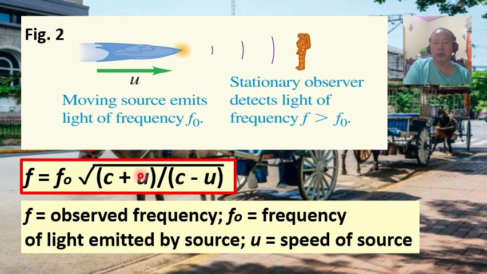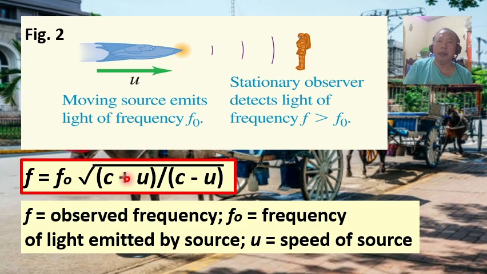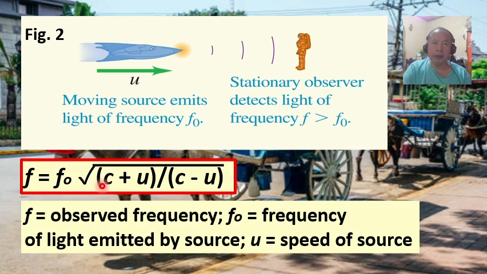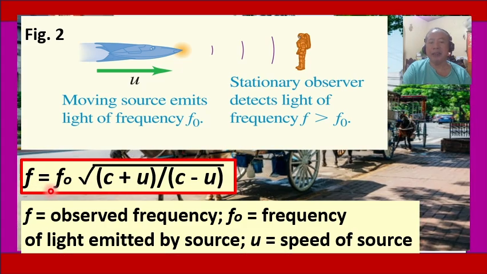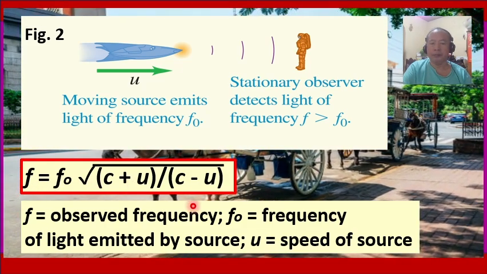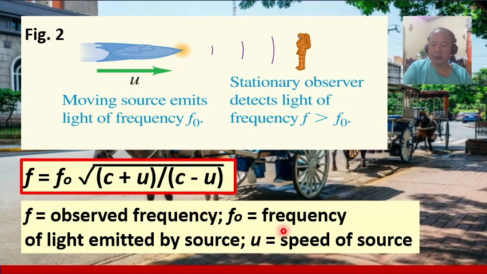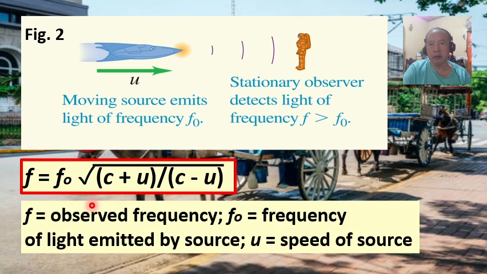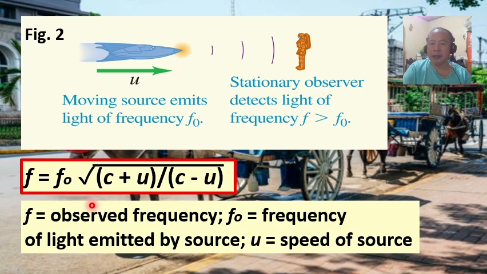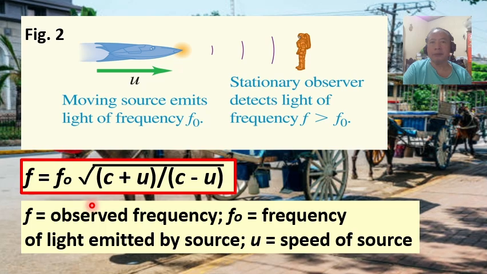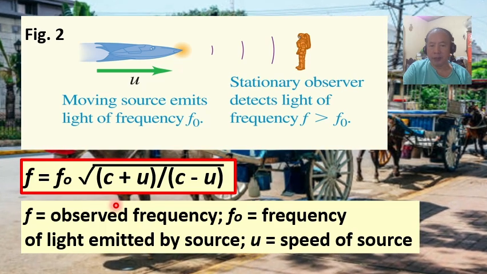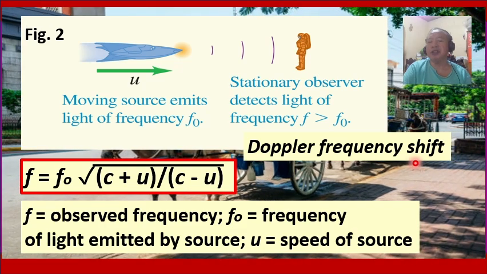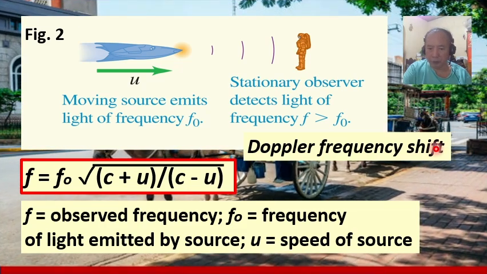So when that quantity is multiplied by f naught, we come up with a value for the observed frequency that is greater than f naught. And the difference between f and f naught, which we label as delta f, which is f minus f naught, is also known as the Doppler frequency shift.